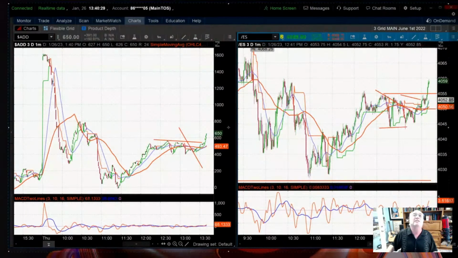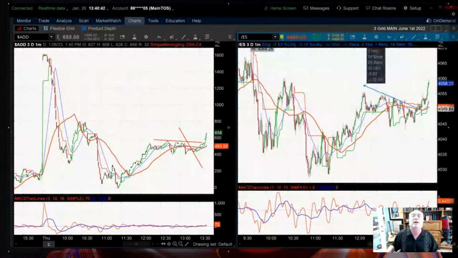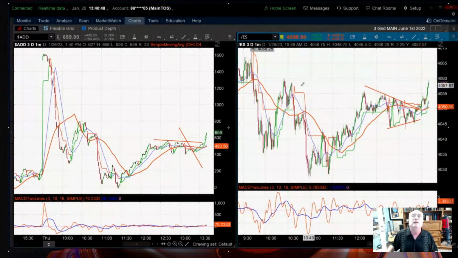That's sort of a quasi flag. Now, I call these slumbering bull flags. And what I mean by that is it's not a sharp move up. It's more a gradual move up and then a gradual consolidation. So that's a slumbering bull flag. So, like I said, I hope this helps.